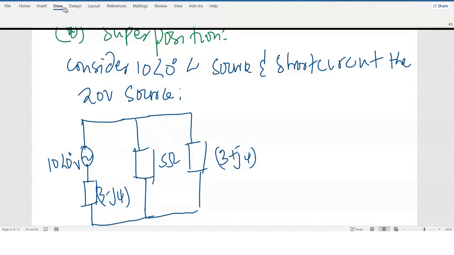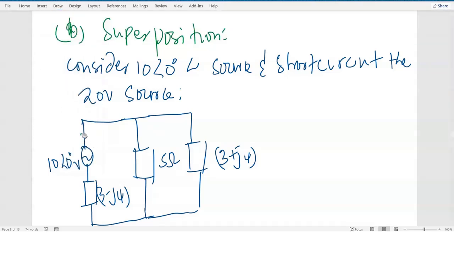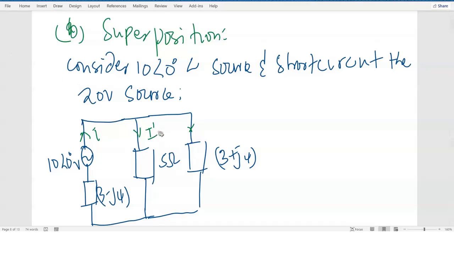Let's consider that the current coming from here is I. When it comes here, it splits, and for simplicity let's call the branch currents I1 prime and I2 prime.